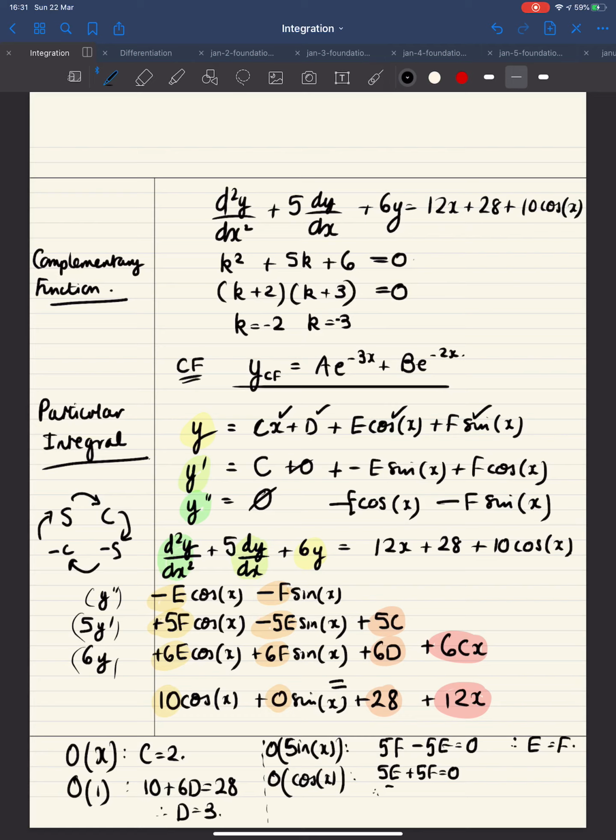So therefore we can say 5e plus 5e is 10. So if 10e is 10, e is 1, and f is 1 as well. So we have an answer. It's just such a shame I've run out of paper there. But we've got an answer. Go to the top for the answer.